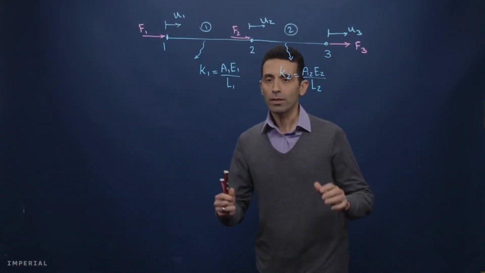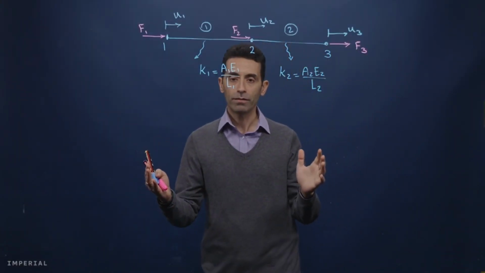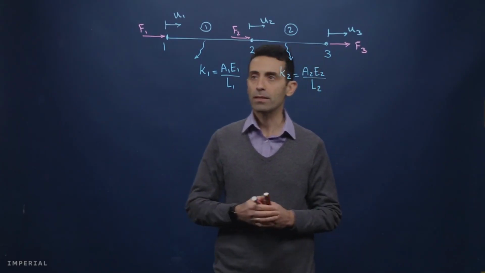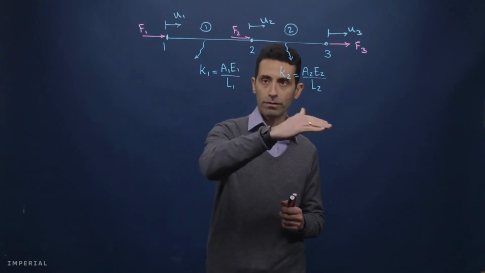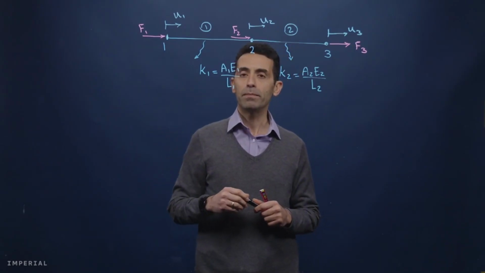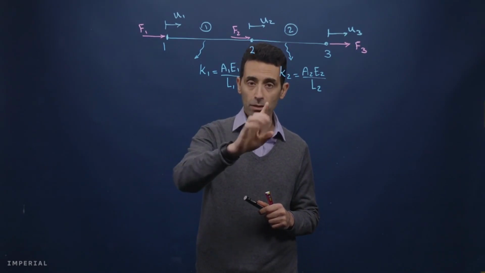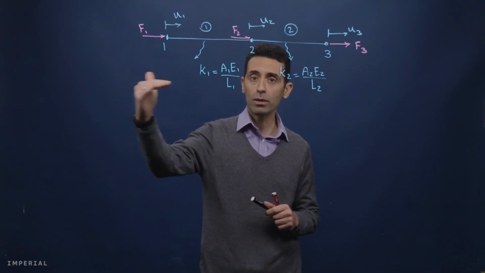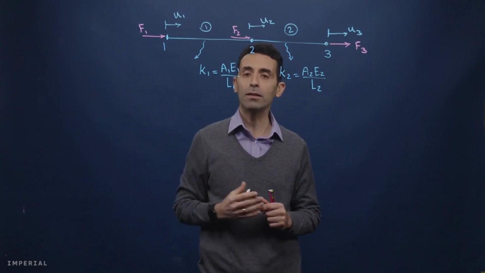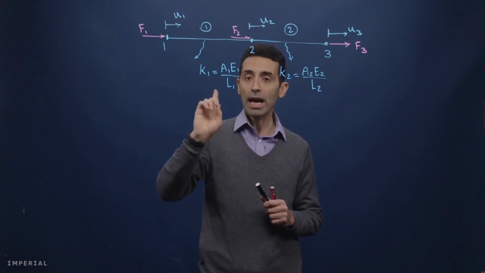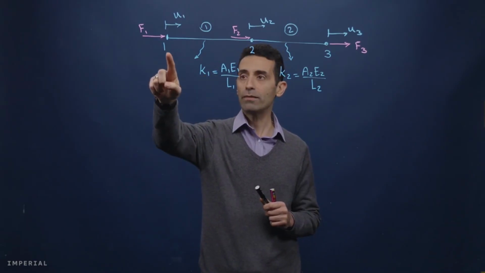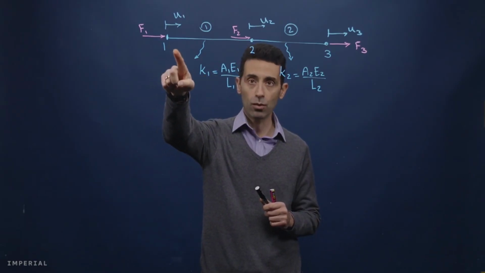All right, now we want to find the equation for the structural stiffness matrix. Again, I should emphasize we are looking at one-dimensional displacement, so it's only displacement in X direction here. But we have now degrees of freedom that are 3. So we have 1 degree of freedom here, which is U1.